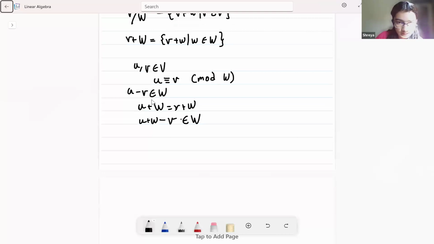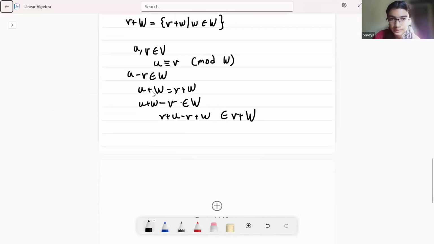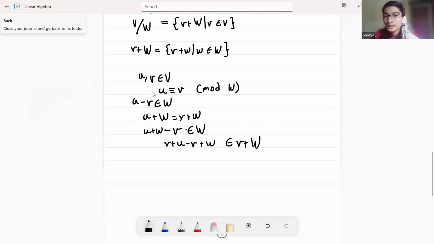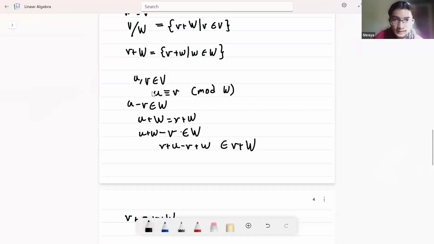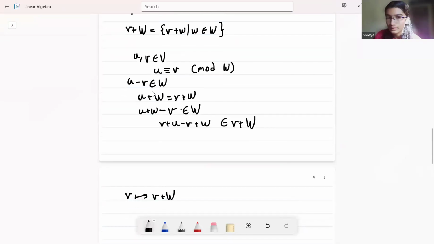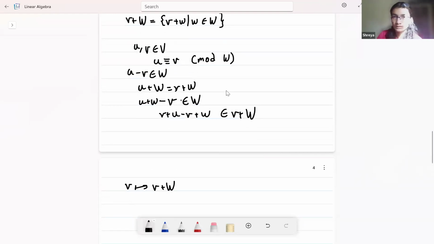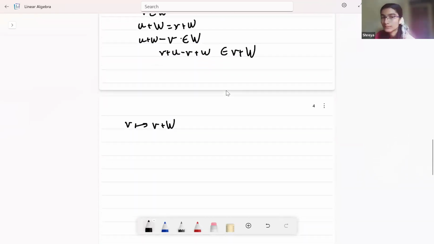And then if you look at this element, that also means v plus u minus v plus W will belong to v plus W. So the point is these two sets are equal, which does the job because we are associating each element with a set, and it satisfies this property, that it successfully captures what it means for u to be congruent to v.